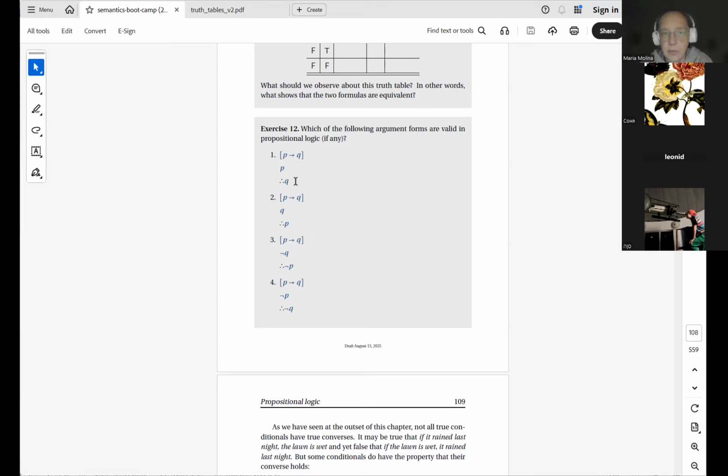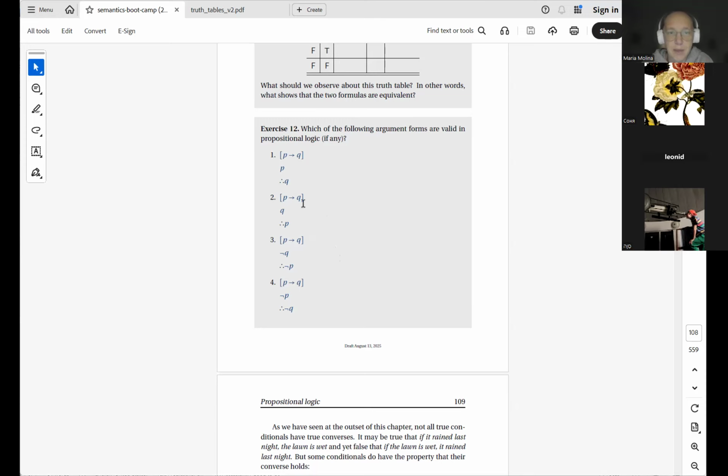If P is given, then Q is the conclusion. Valid or invalid? Valid, of course, because if P implies Q and P is true, then Q must be true.